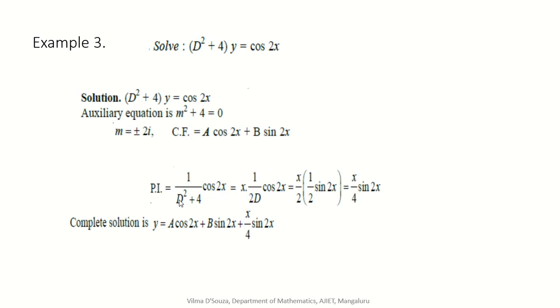So what you do here is put d square equal to minus a square. What is minus a square? As in the previous problem, minus a square is minus 4. When you substitute d square is equal to minus 4, what happens to the denominator? Minus 4 plus 4 becomes 0.